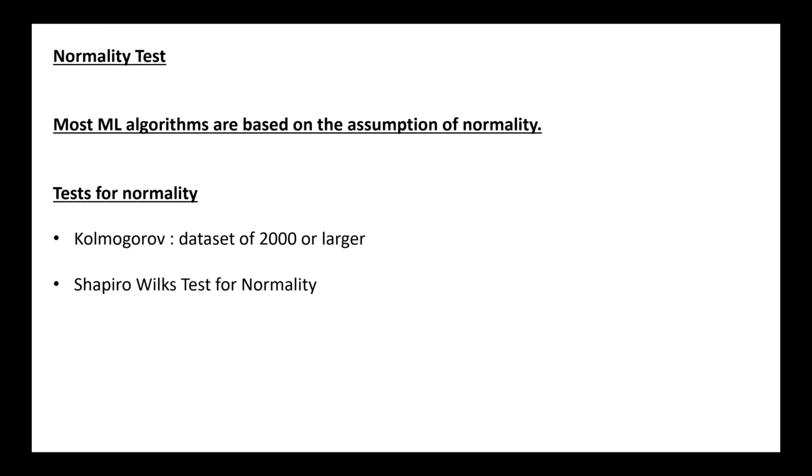The most famous tests for normality are Kolmogorov and Shapiro-Wilk. But for data sets of 2000 or larger, Kolmogorov is most suitable. However, for data sets that are not that big, the Shapiro-Wilk test for normality is the most suitable. Let us head over to SAS to see how we can use SAS procedures to test for normality.